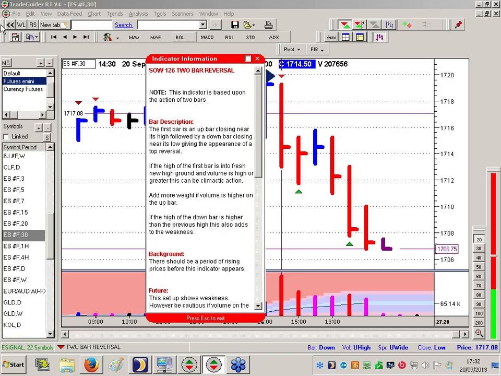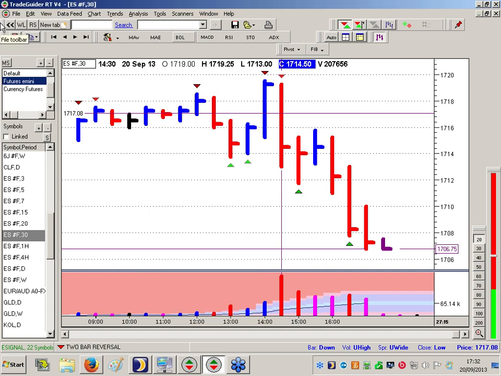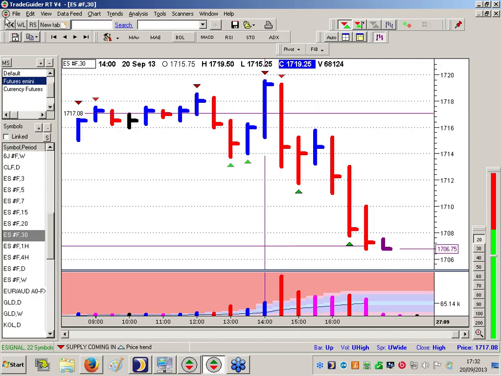And this is what we call a top reversal. Yes. The computer calls it a 2-bar reversal. Now, this is a sure sign of weakness. When you see these reversals like this, it's almost like a 2-bar upthrust, isn't it? When you've got weakness in the background and the first bar goes up, closes near the high, but then it immediately reverses and the low is lower than the low of the previous bar.